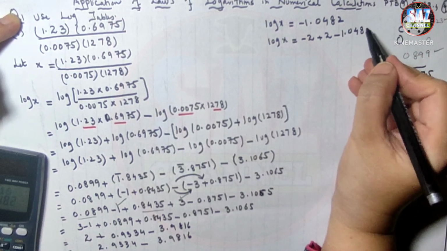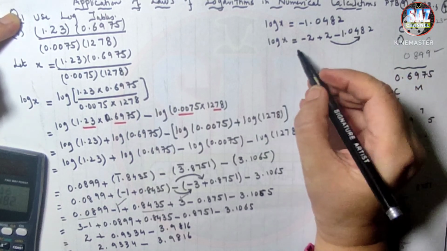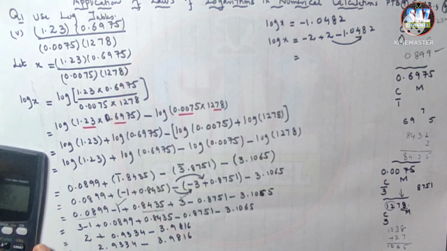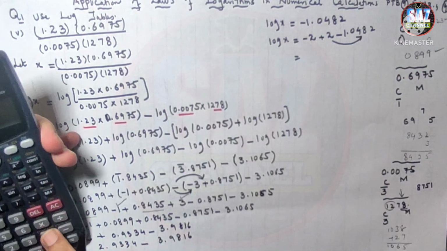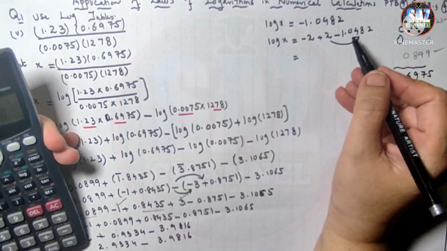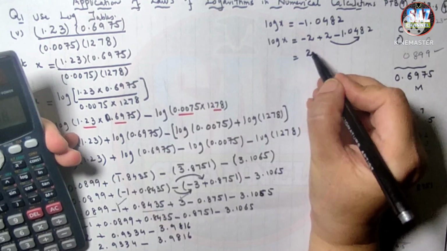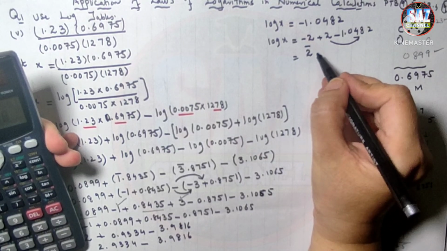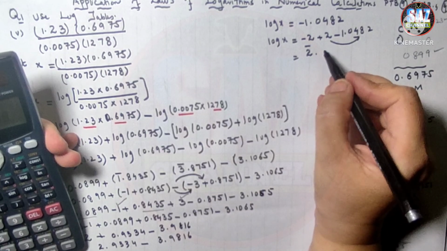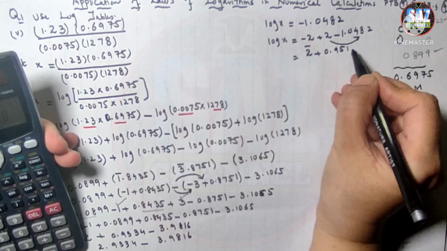These two I will be solving, as the Mantissa part can never be negative. So I will be solving this 2 with 1.0482, and I will get minus 2, and minus 2, as this is a characteristic, so I can write it in the form 2 bar 0.9518. So log of x is 2 bar 0.9518.